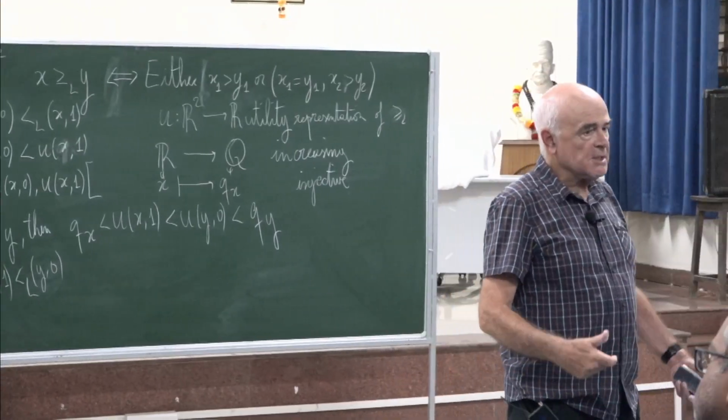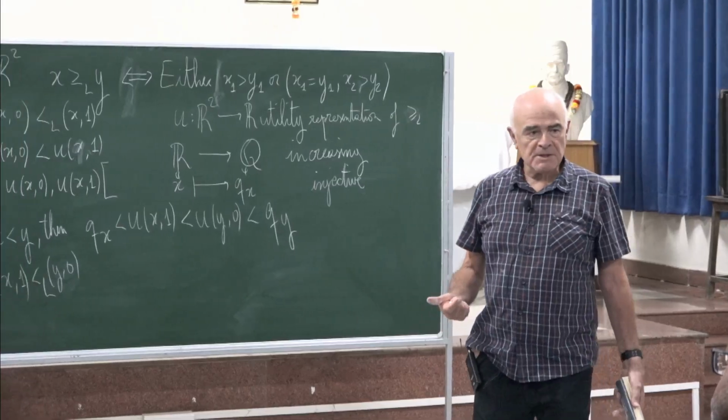C can be expressed as the intersection of a collection of closed half spaces.